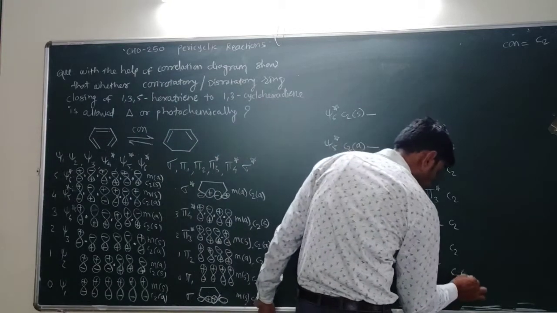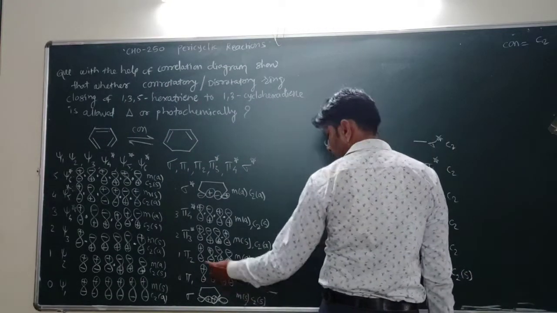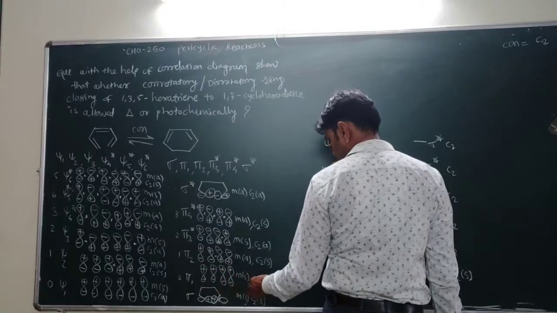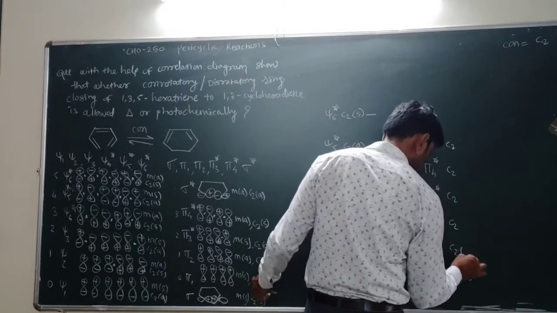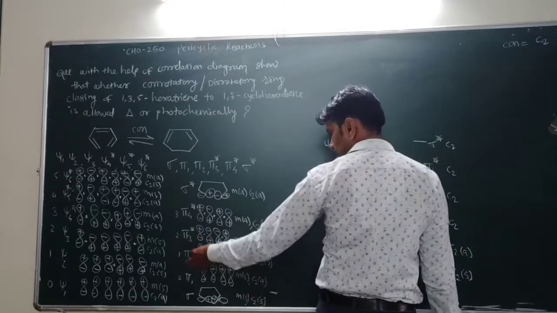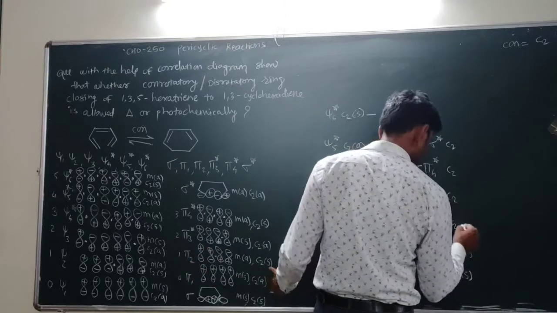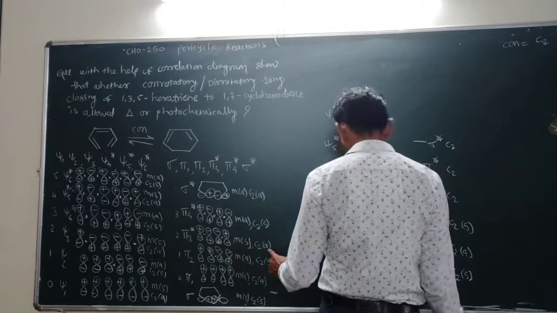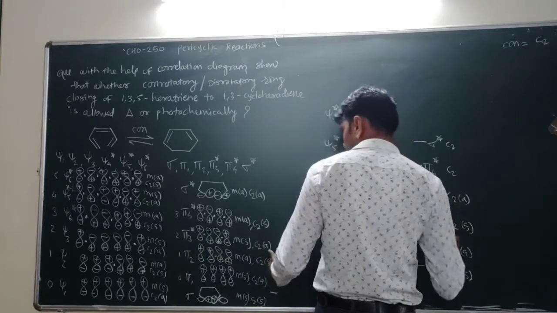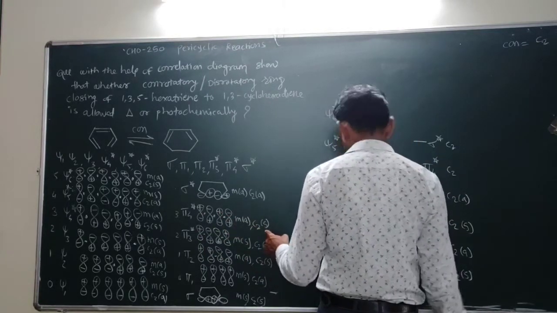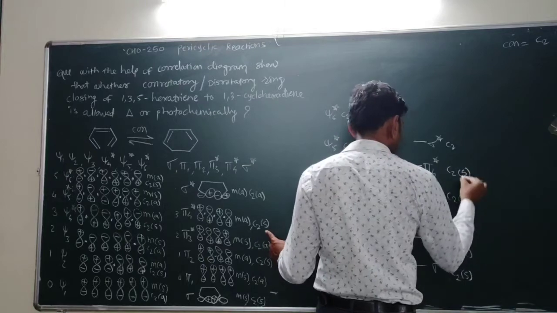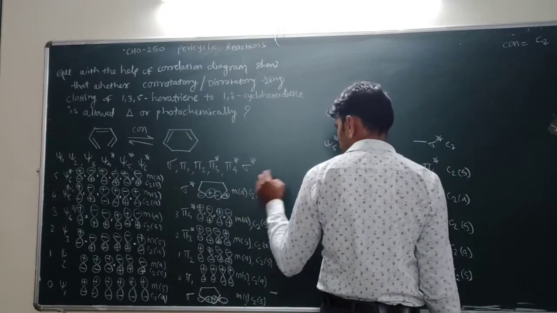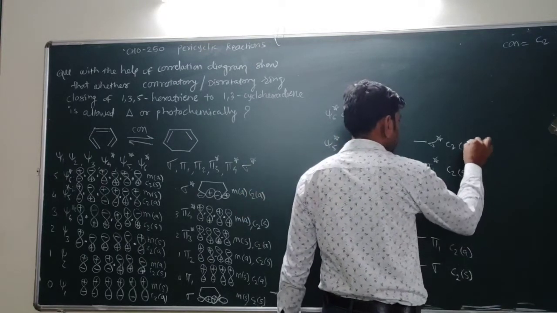Pi1 orbital is C2 asymmetric. Pi2 orbital is C2 symmetric. Pi3 star is C2 asymmetric. Pi4 star is C2 symmetric. And sigma star is C2 asymmetric.